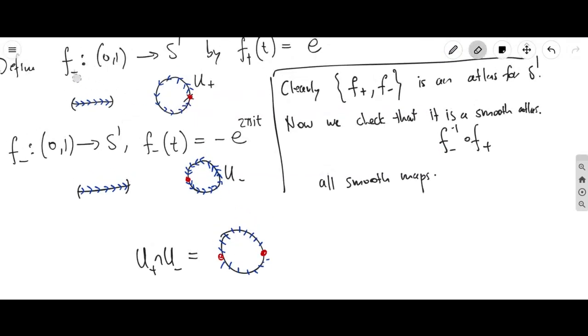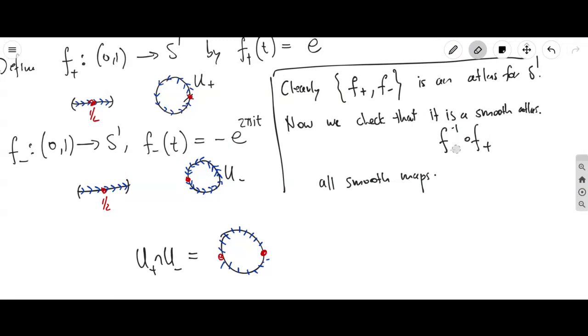Then you're going to pull this back by using F plus, and you're going to pull this back using F minus. So when you pull this back using F plus, you're going to get, this is the point that goes to 0, and this is when you go halfway around, right? So you're going to have 1/2 will be missing. And here, this is one of the missing points, and the other missing point occurs halfway around. So this will be the other missing point over here.